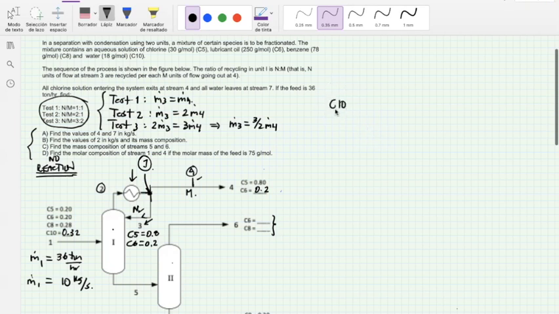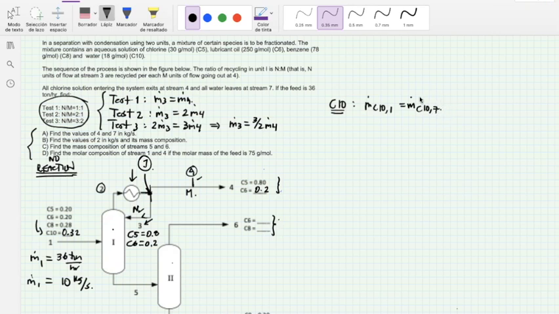I'm going to start with C10. This is the direct way to do it. I'm going to start with C10 because there is only C10 at the beginning and there is just C10 at stream 7. Therefore, I can write that C10 at 1 should be equal to the same amount of matter of C10 at 7.